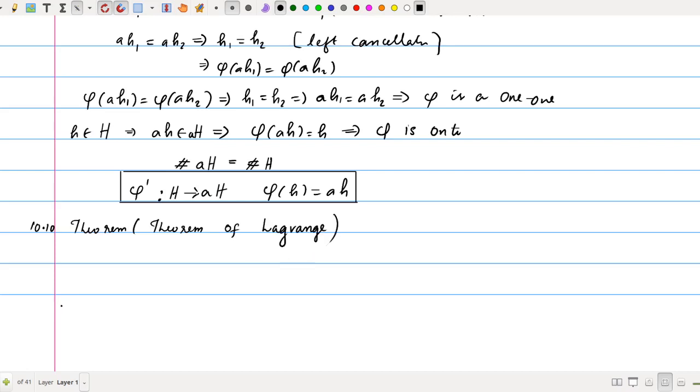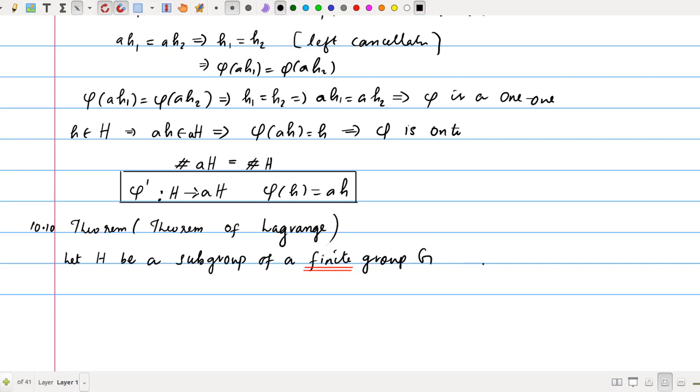This theorem states: let H be a subgroup of a finite group G. In this theorem our hypothesis is that we are dealing with finite groups, so that is very important. Please don't remove the word finite, it is a key word in this statement.